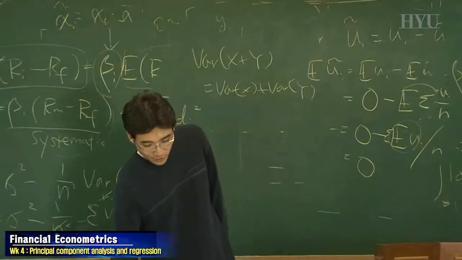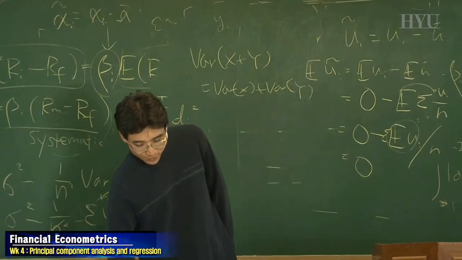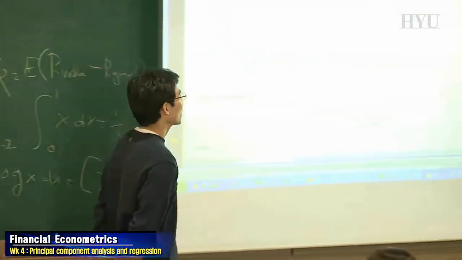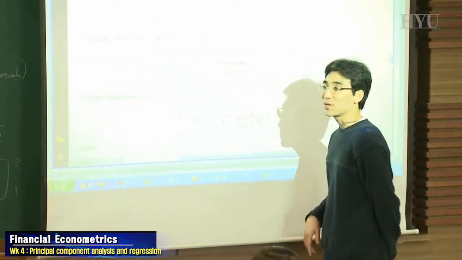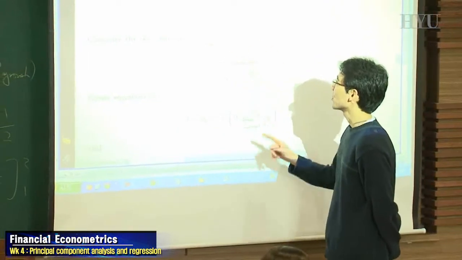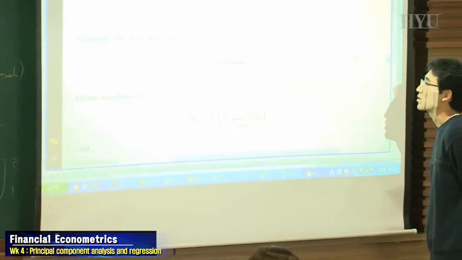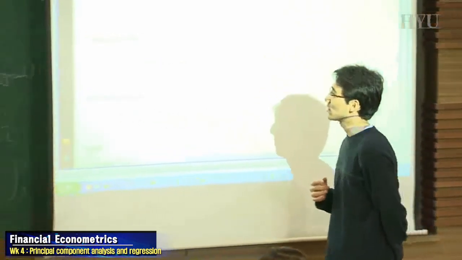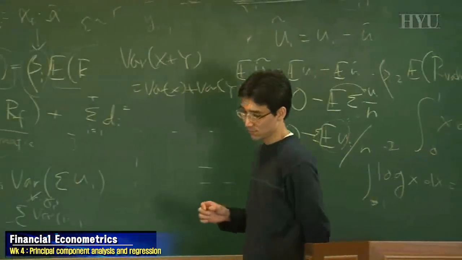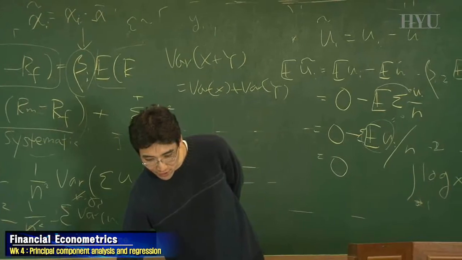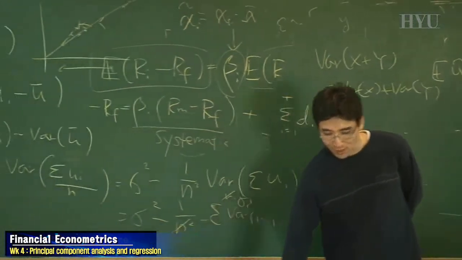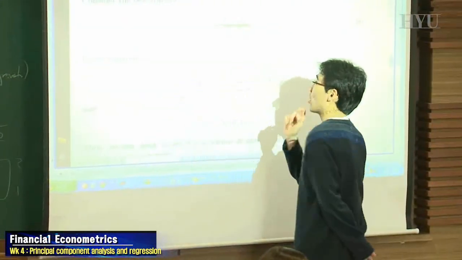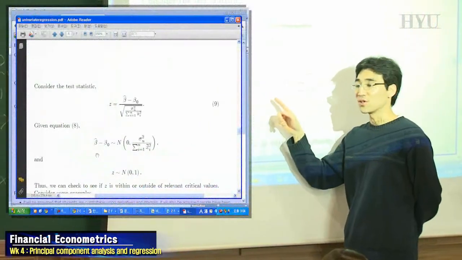In order to test this, consider a test statistic that looks like this: beta hat minus beta null, divided by the standard deviation of beta hat. Given equation A, beta hat minus beta null should be distributed this way, if our null hypothesis H naught is right.